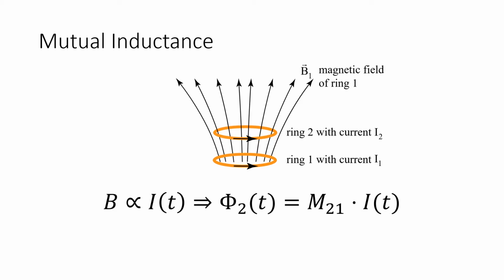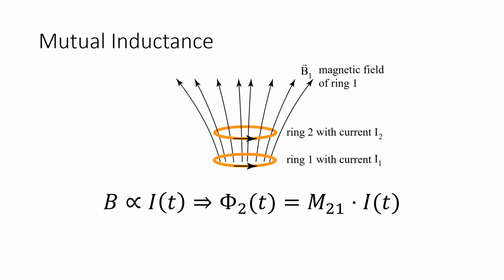However, from Biot-Savart, we know that the magnetic field is directly proportional to the current running through ring 1. And so using this proportionality, because of how magnetic flux is related to magnetic field, we also know that the magnetic flux is directly proportional to the current running through ring 1.